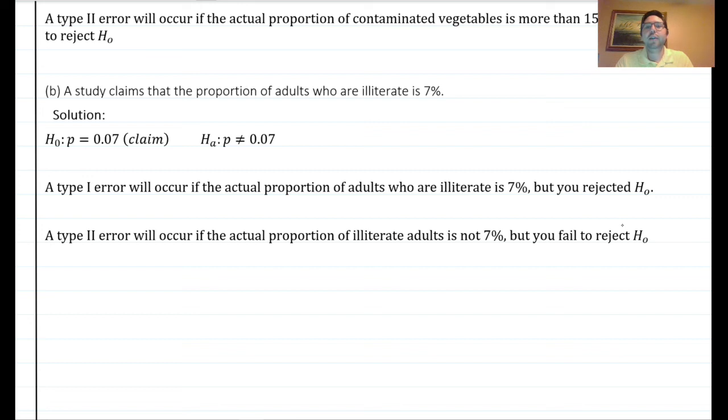So the actual proportion of illiterate adults is not 7%, but you failed to reject it. Let's say the actual proportion was 9%, but you didn't reject it. Remember that our null was 7%. So you didn't reject it, but it's actually 9%, right? So that's a type 2 error.